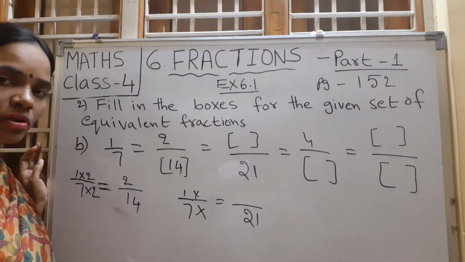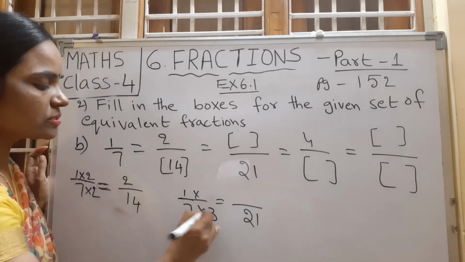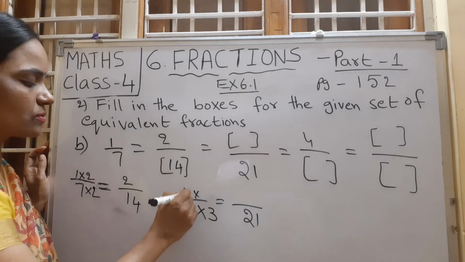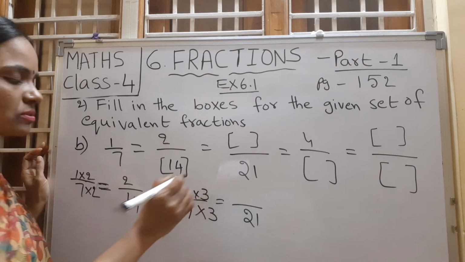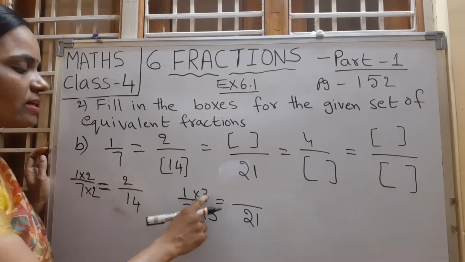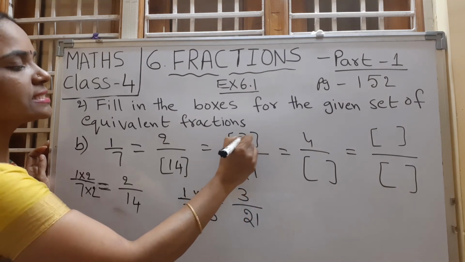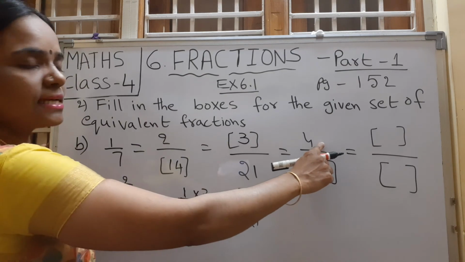Read 7 table all of you. 7 1s are 7, 7 2s are 14, 7 3s are 21. So 7 should be multiplied by 3 to get 21. 7 3s are 21. So denominator is multiplied by 3. So numerator also multiplied by 3. So 1 into 3, 1 3s are 3. So 3 by 21. What is the missing number here? 3 by 21.